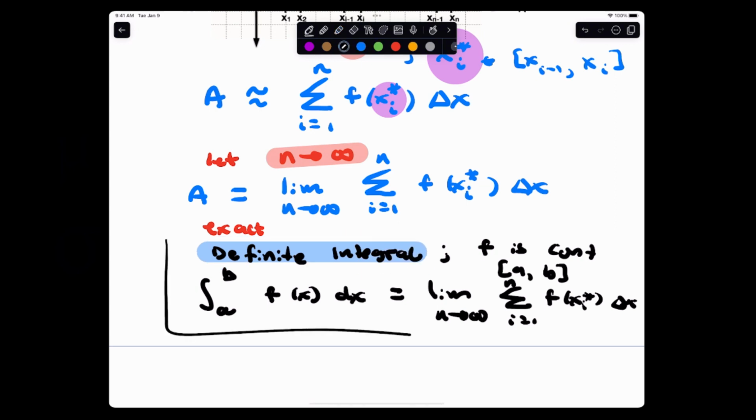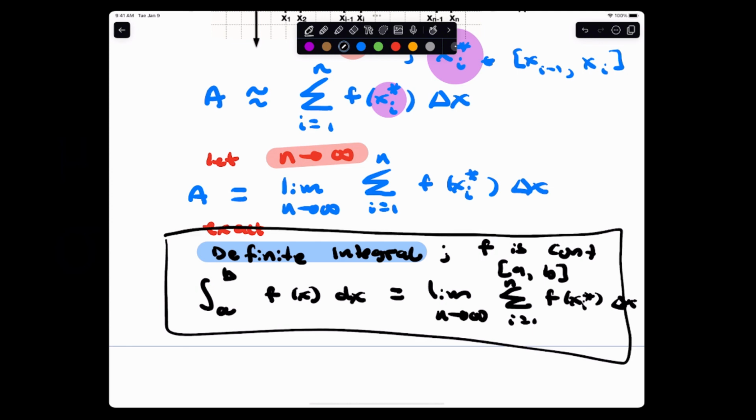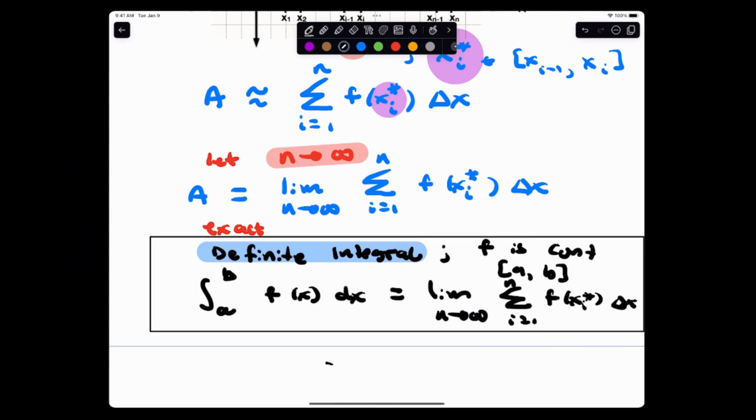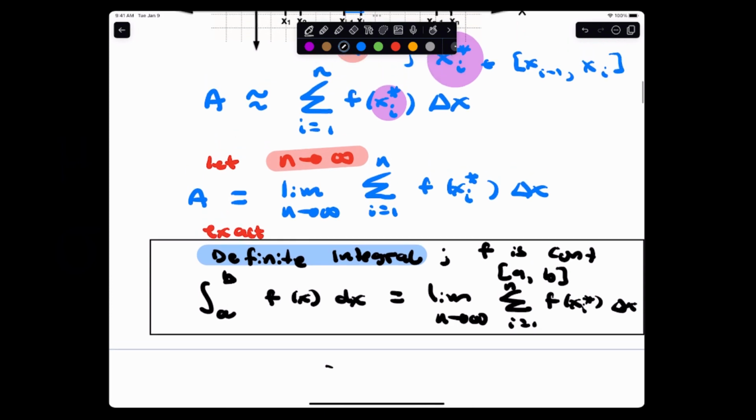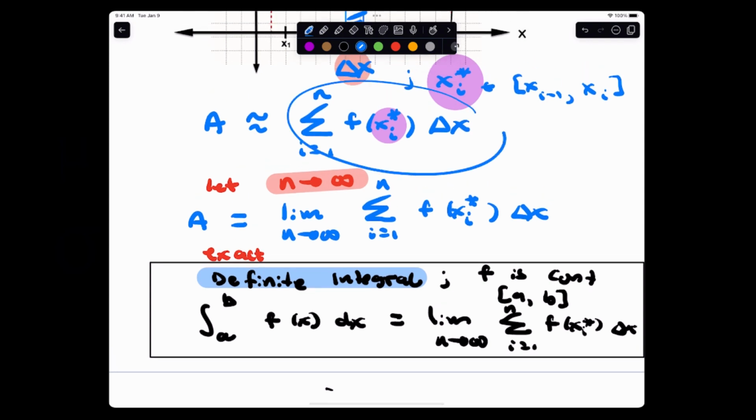And I'm running out of space here. And like I said, over here we have this thing called a Riemann sum.